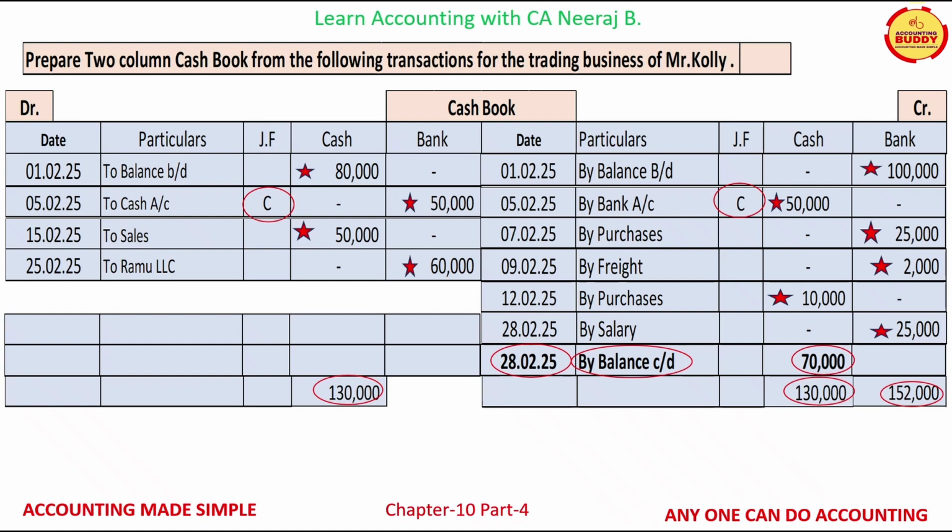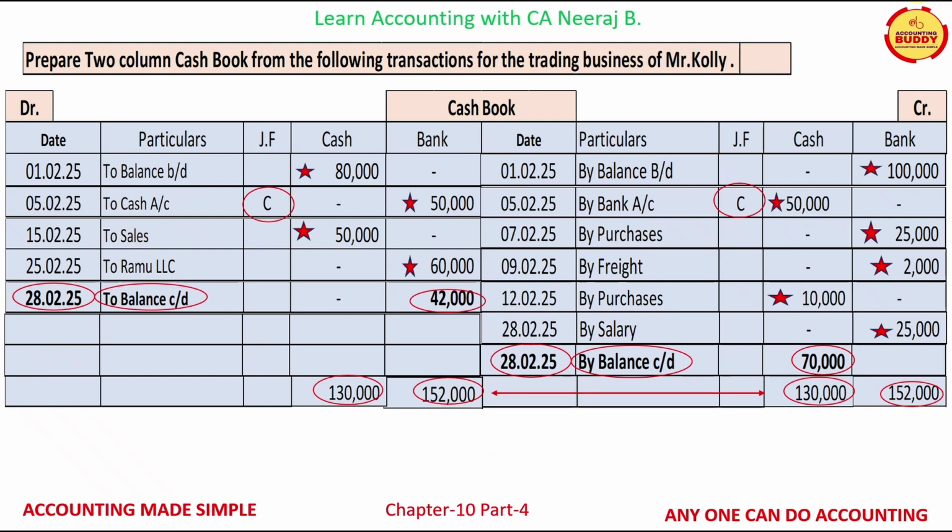Now if we deduct all the bank column transactions on the left hand debit side from the total of the bank column on the right hand credit side, we are left with a balance of $42,000, which will be the closing balance of the bank overdraft as on the last day of February, that is 28th February 25, and will be written as "to balance carried down" on the left hand debit side of the cash book. Therefore, the total of the bank column on the left hand debit side will also become $152,000. Thus, the cash book is said to be balanced.